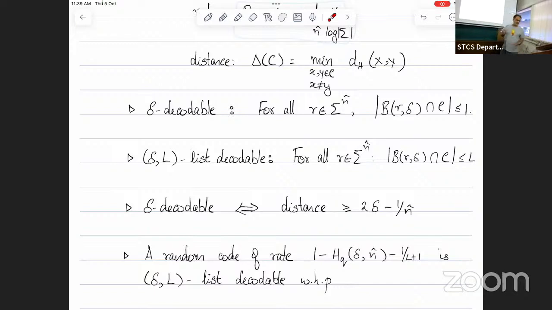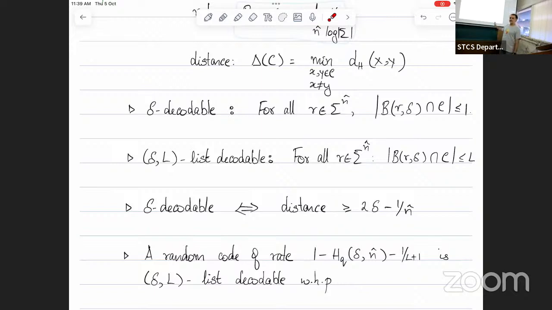And it turns out that this number is also the right number, in the sense that rates a little beyond that are not achievable. You can't expect a code with rate significantly larger than 1 minus H_q to have a ball containing fewer than L codewords.